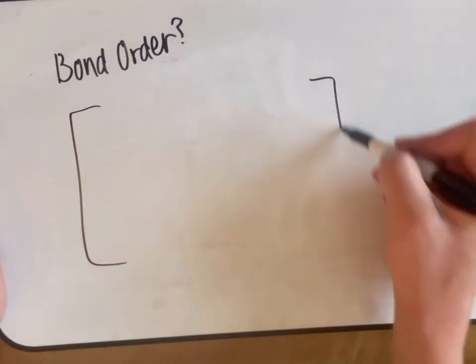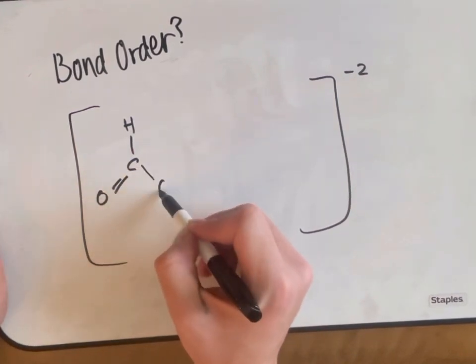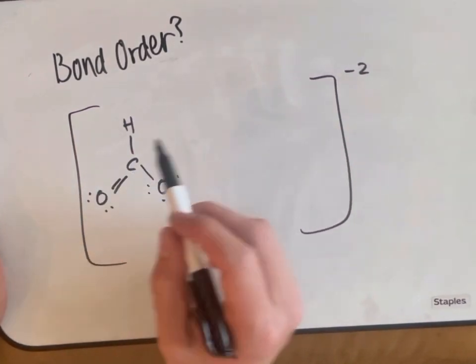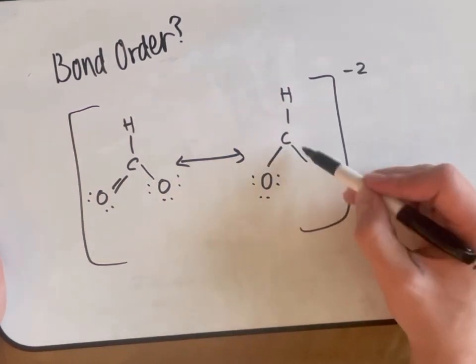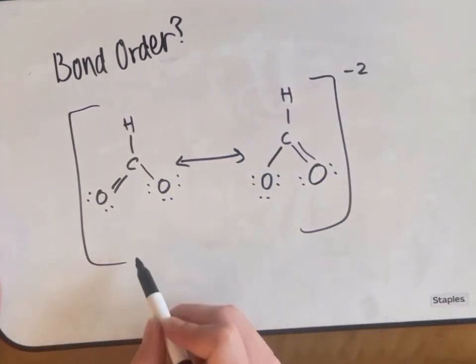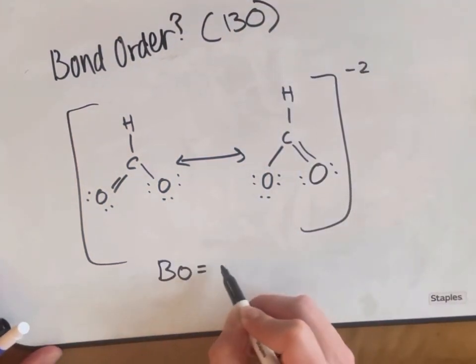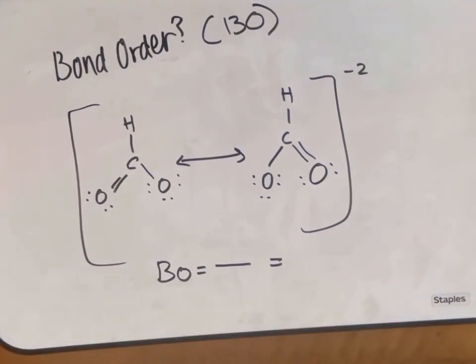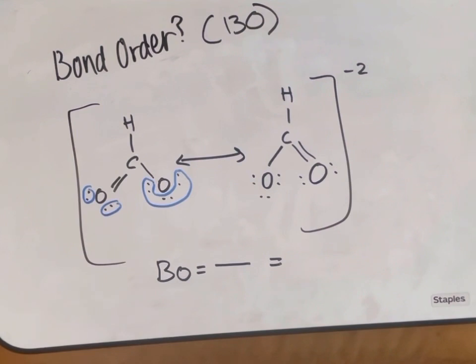So what about bond order? A question might ask you, what's the bond order of one resonance structure or hybrid resonance structure? And it's very simple. So we're going to break that down now. Often we use the BO formula. For BO, we're going to look at the amount of unbonded electrons.